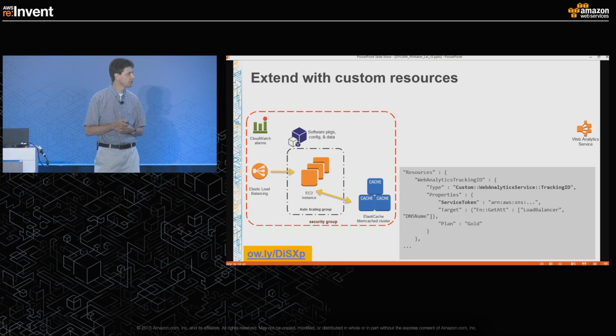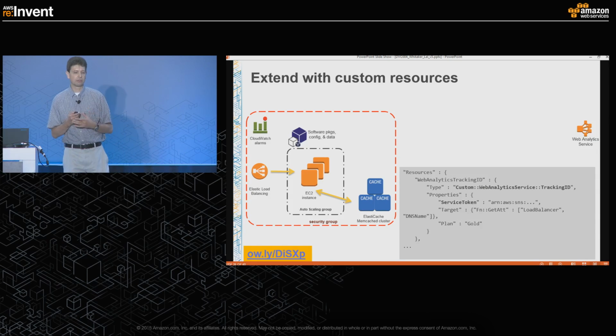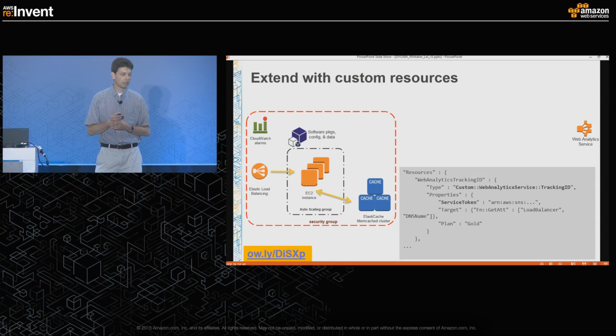I can add the definition of that resource into my template. A custom resource definition looks just like any other resource definition. It has a type, something you define as the creator of that. And it has a set of properties, the things I need in order to create that resource.